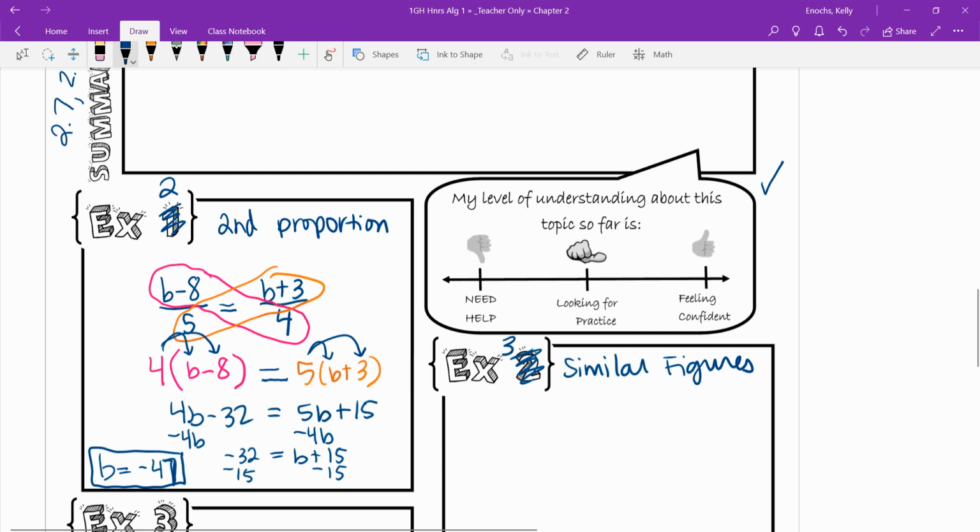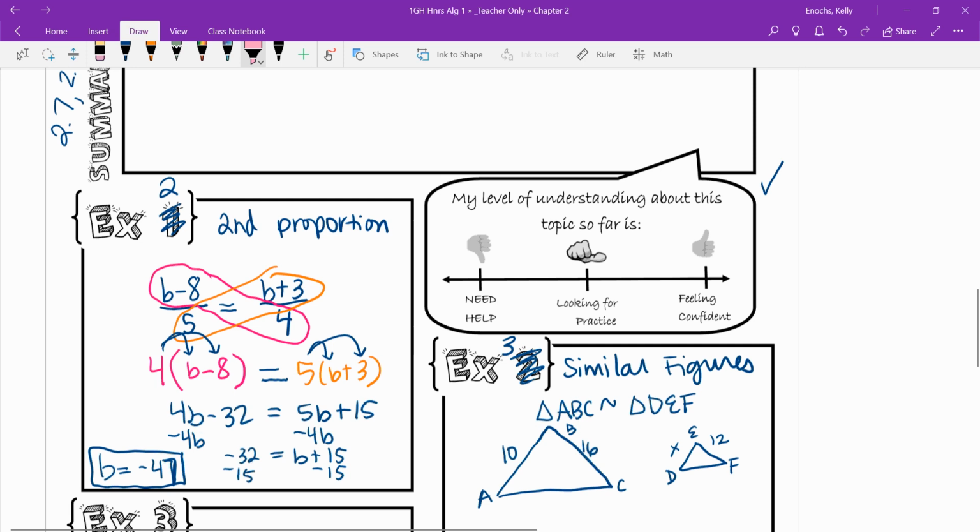So if I have triangle ABC similar to DEF, and triangle ABC is kind of a bigger triangle, and triangle DEF is a much smaller triangle, then I can match up the parts of those triangles that are the same. So length AB is 10, length BC is 16, length DE is unknown, and length EF is 12.